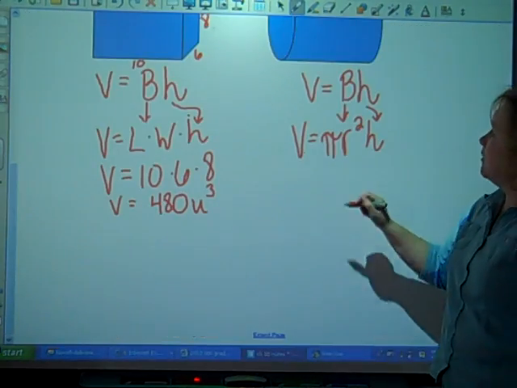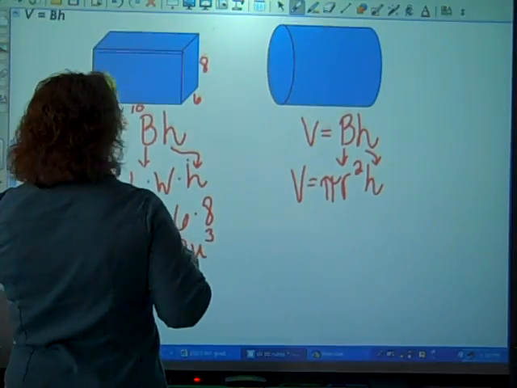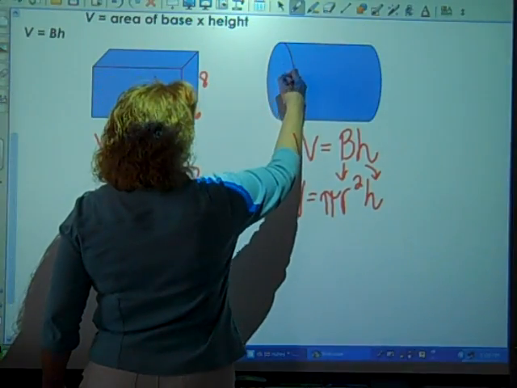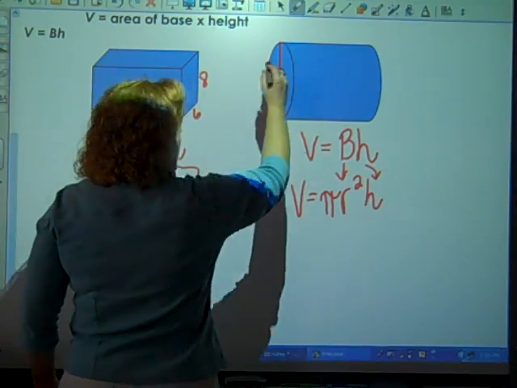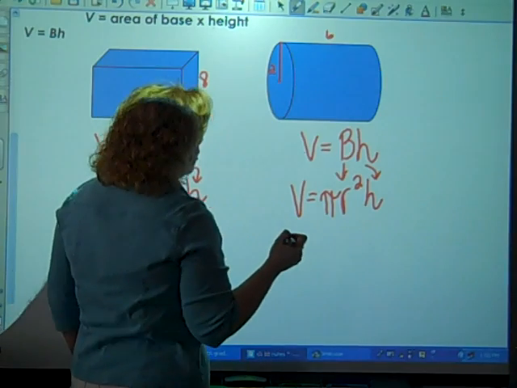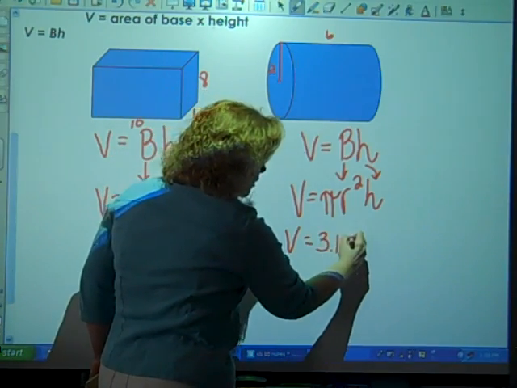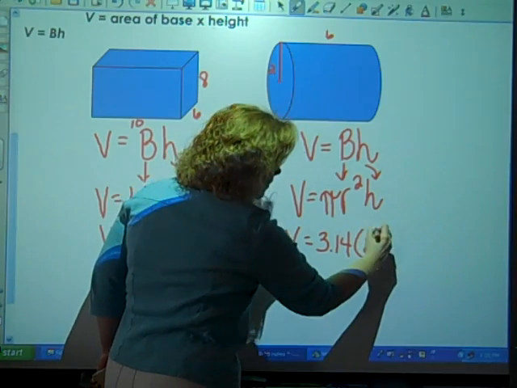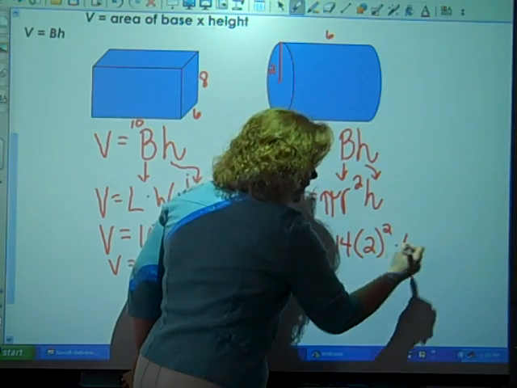If I were to go ahead and drop in my values, we need a radius and a height on this. Let's say that our radius is 2 and the height is 6. So in this case, volume is equal to 3.14, my radius is 2, I'm going to square that, and my height is 6.